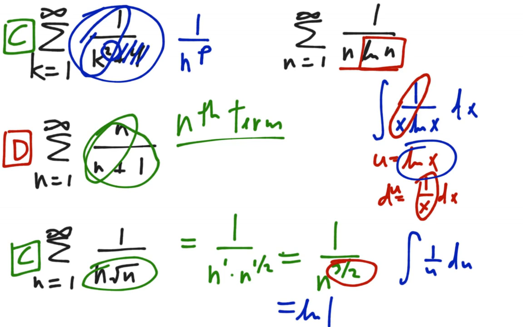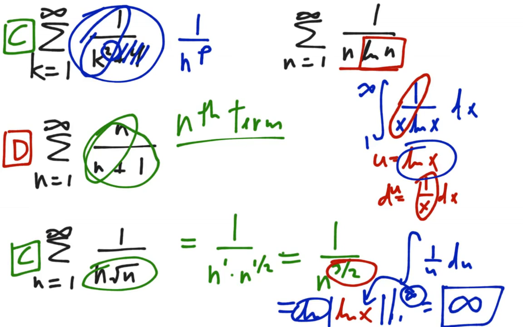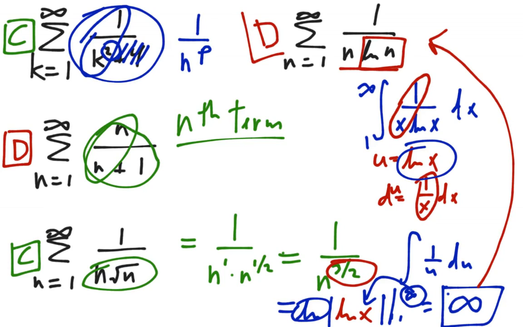Oh, the u was ln x, so I'm going to plug that back in. And then no plus c, but I'm going to evaluate this from our limits, which go from 1 to infinity, and then I plug them in. If I plug in infinity into ln of x, I get ln of infinity, which is infinite. And then I take the natural log of infinity again, and so I get infinity. Interesting. So therefore, because of the integral test, this series up here will diverge.